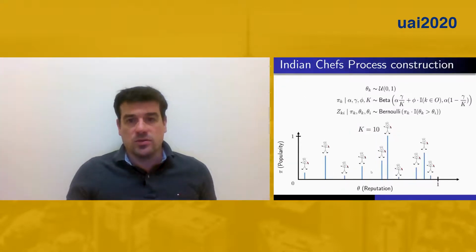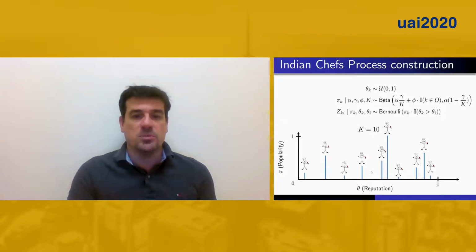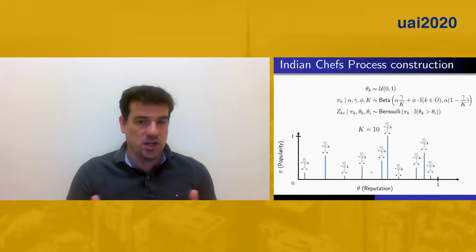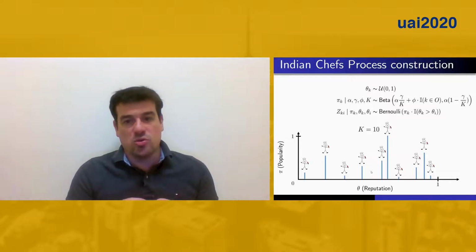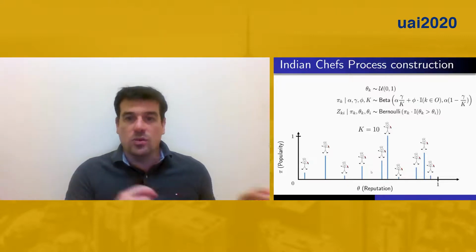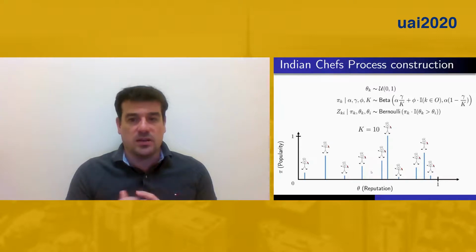In our construction here, we construct a probability distribution over the adjacency matrix. In my example here, it's a 10 by 10 adjacency matrix because it involves 10 chefs. The chefs are positioned according to a uniform distribution between 0 and 1. The connections are only allowed from top chefs to lower chefs, so from 1.0 to 0.0, and this is a constraint that forces acyclicity.